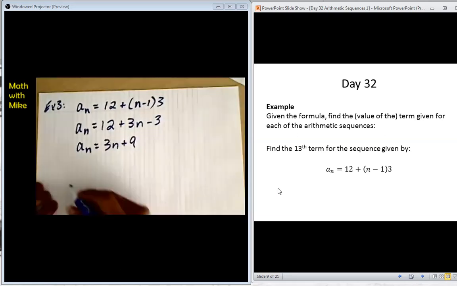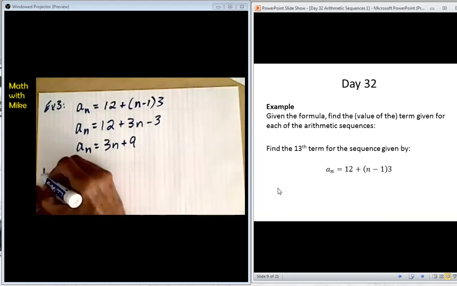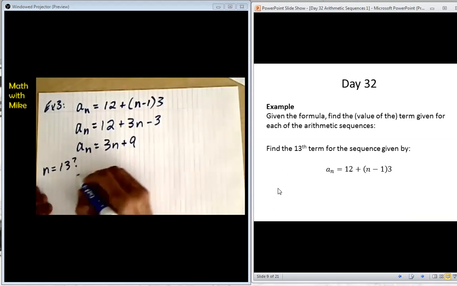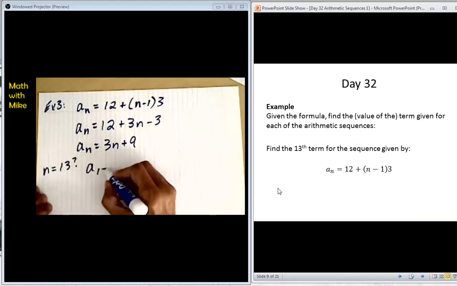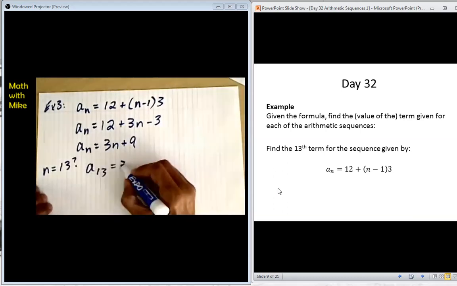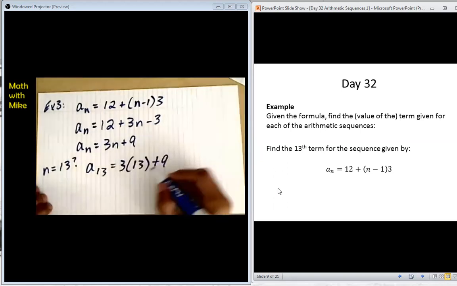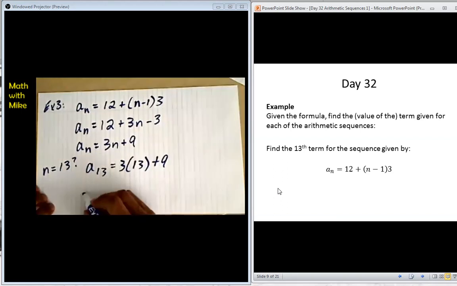Okay, so let's use this formula to get the answer. They want the 13th term now. What happens when n is equal to 13? Okay, let's figure it out. N is 13 now, plus 9 like that. So it's 3 times, what's next there?